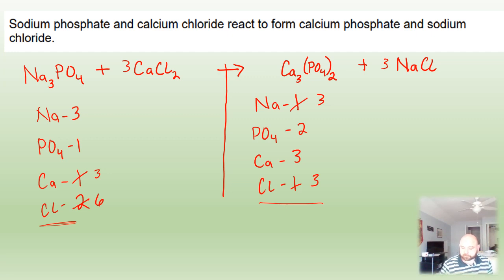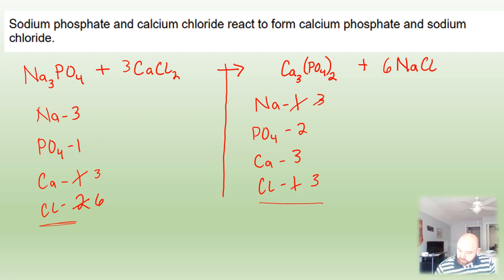And so now I can make the chlorines even by changing this to 6 instead. Use my eraser here. Get rid of that 3. And I'm going to put a 6 there.